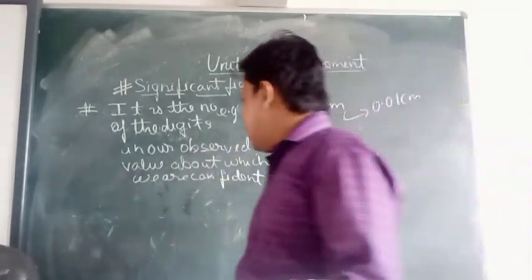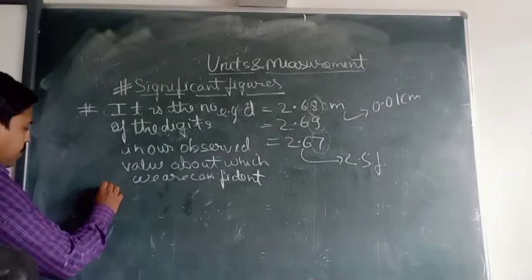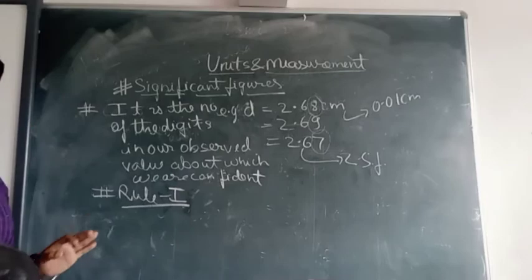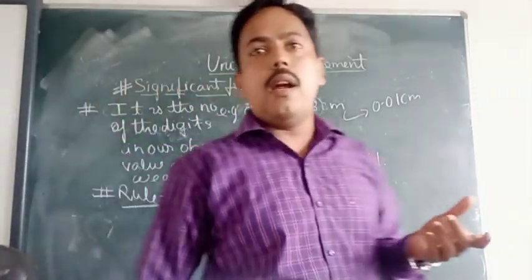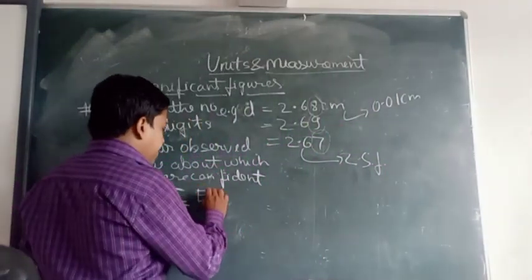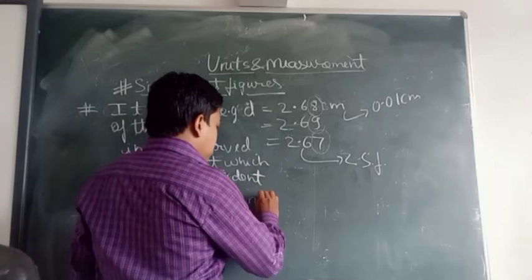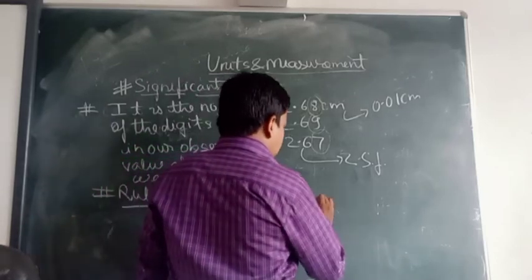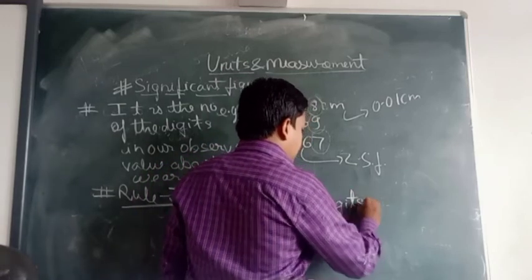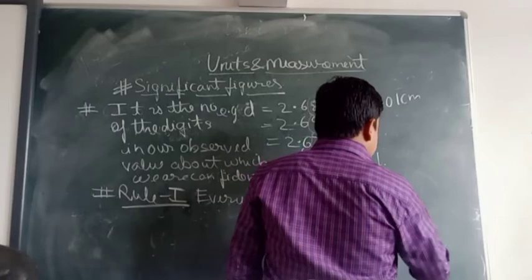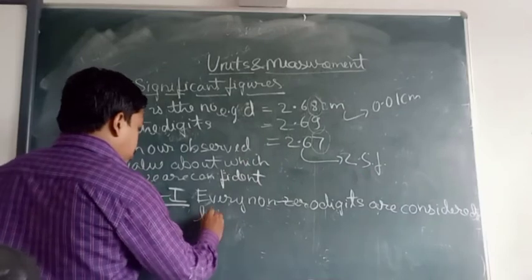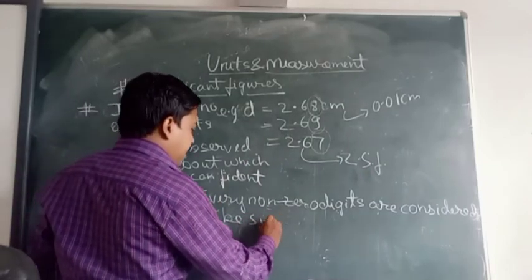So rule 1 says: every non-zero digit is considered to be significant.